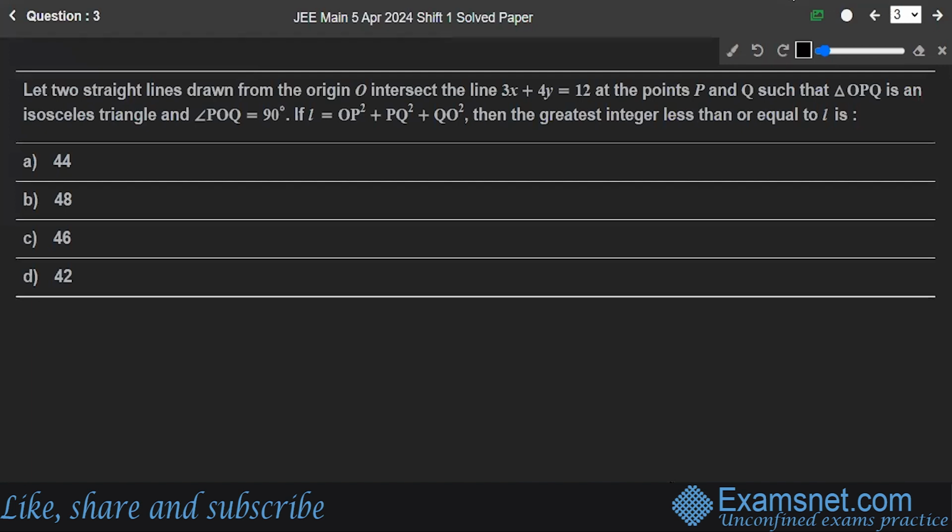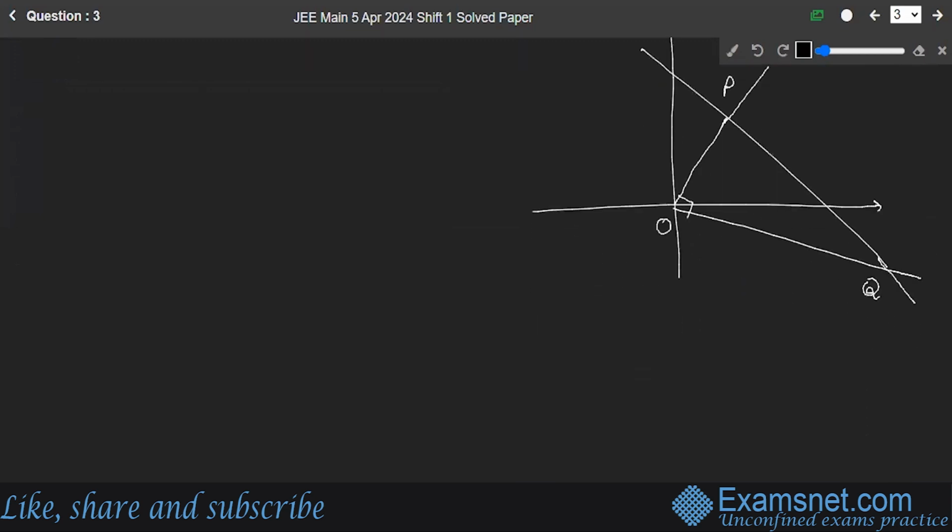Question number 3. Let two straight lines drawn from the origin O intersect this line at the points P and Q, such that triangle OPQ is an isosceles triangle and angle POQ is 90 degrees. If L is equal to this, then the greatest integer less than or equal to L is. Fine. So let's see. This is the figure over here.